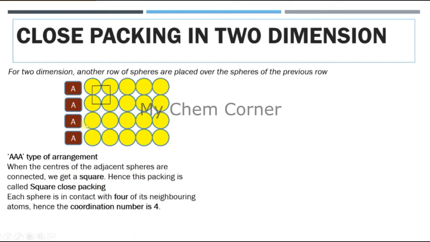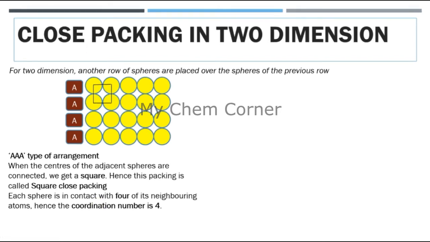Now, if you look at the coordination number of any sphere in this particular type of arrangement, if I'm taking for example this particular sphere that is marked on the screen, how many other spheres is it in contact with? This sphere is in contact with one above it, one on the right, one on the left, and one below.